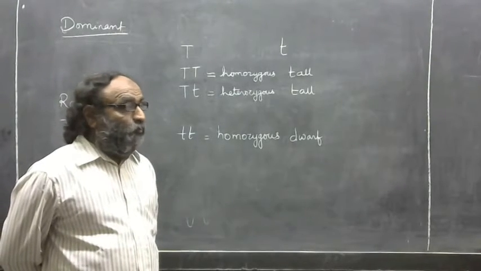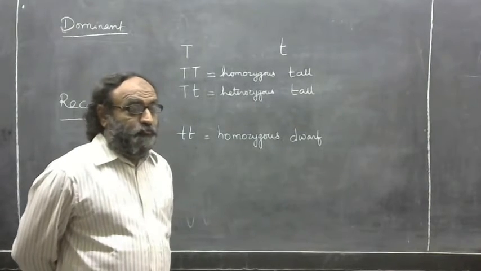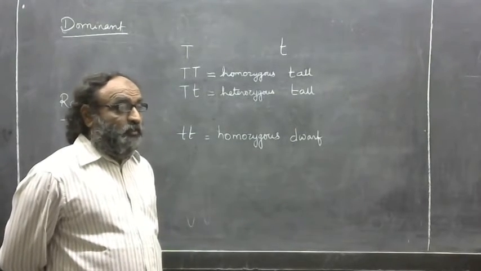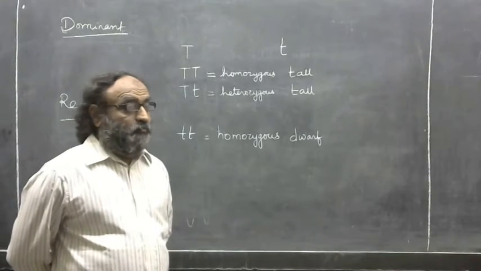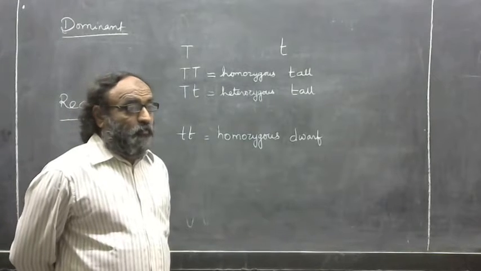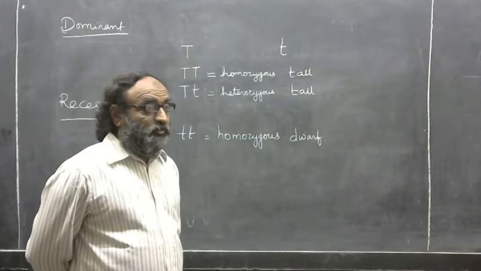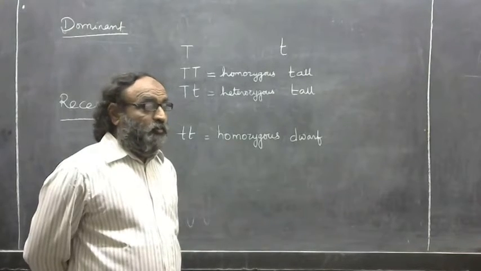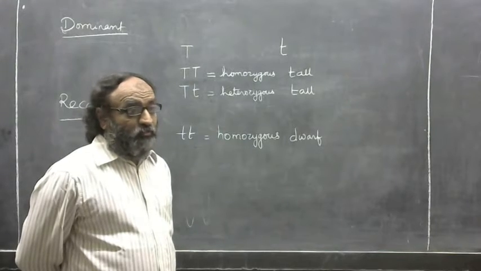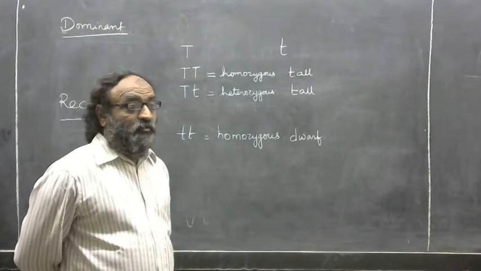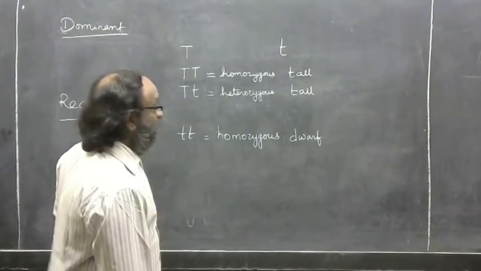The tallness is expressed in capital T capital T condition, that is in homozygous condition. The tallness is expressed in heterozygous condition also, that is in capital T small t condition. Therefore, the character which is expressed in both homozygous condition and also heterozygous condition is called a dominant character.